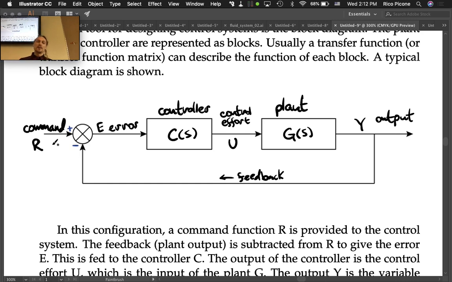In fact, the first one we'll consider is stability. When I try to make the difference between the command and the output 0, and I try to make my error 0, do I instead make my error infinity? Well, that would be good to know as well. So that's the first performance criterion. Stable's good. We should shoot for that, just generally.